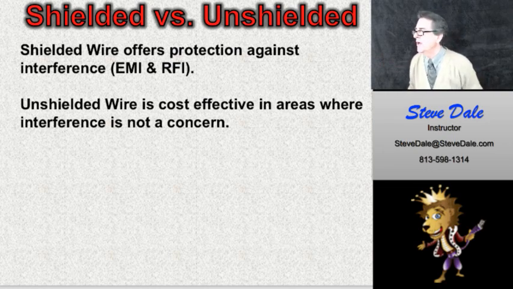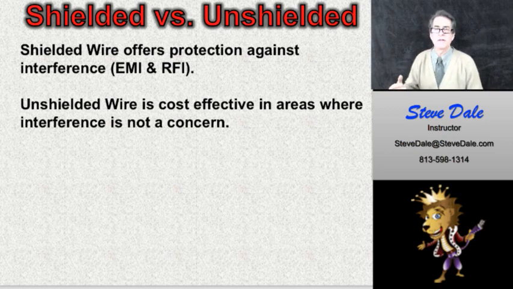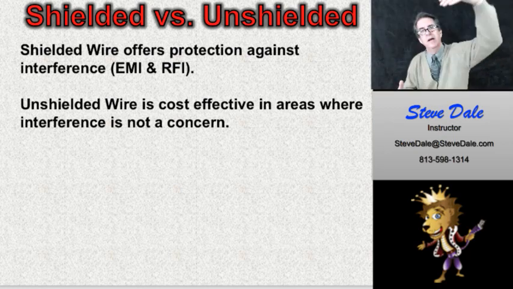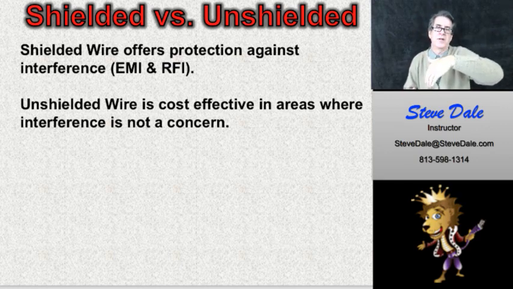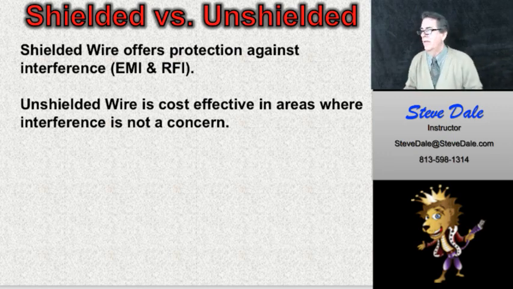Shielded versus unshielded cables. Shielded cables have some kind of a shield over them, a wire braid or a foil shield, that stops them from receiving RF, radio frequency interference, onto the cable. This is mostly for signaling cable, like communication cables. Alarm cables, it's not a big issue, but for signaling cables it is.